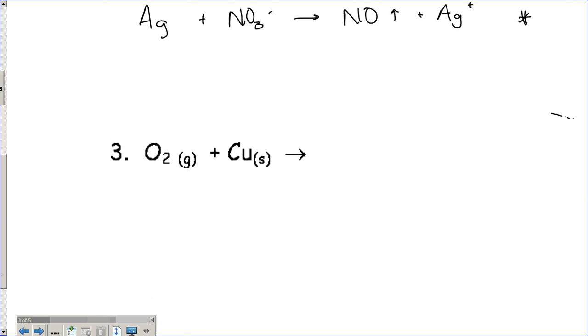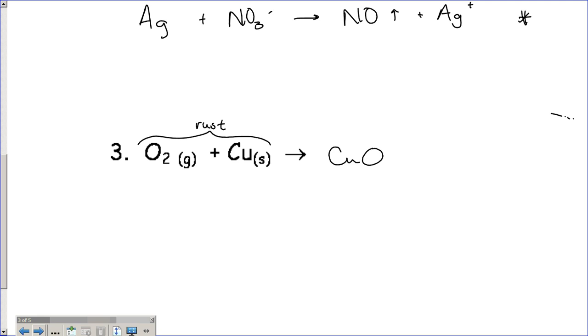Here we have the combustion of copper. So this is really rusting. I mean, anytime you have a metal that's reacting with oxygen, this is rust. That's why rusting is also called oxidizing. So we know that metals will react with oxygen to form solid metal oxides.